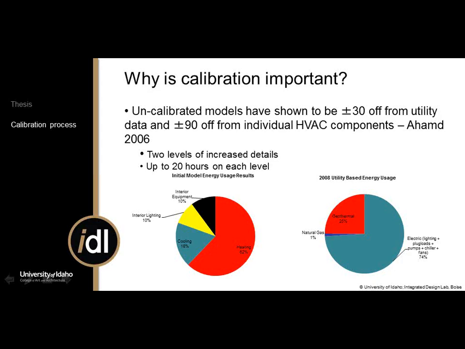The first level was the maximum they could spend is 20 hours. They had no thermal mass, physically correct layouts and geometry, typical values of general observation for occupancy, equipment, lighting, and all the typical HVAC components were assumed to be default for the initial run.